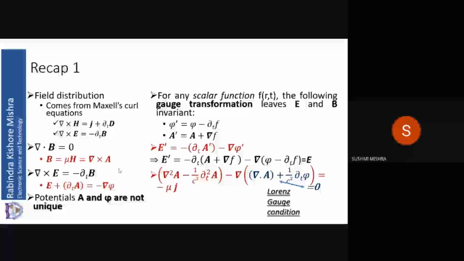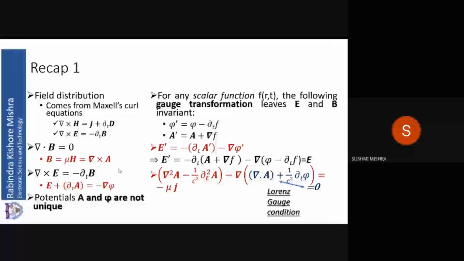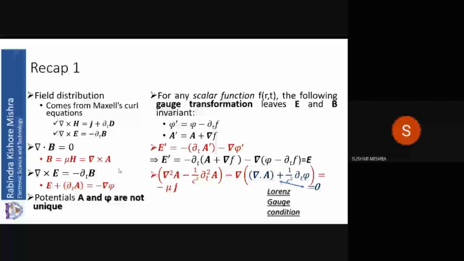Now what is the rationale behind this? Assume that we are considering a charge-free or current-free space. Under that condition, the electric field or the magnetic field or any vector associated to the electric or magnetic field behaves like a wave.